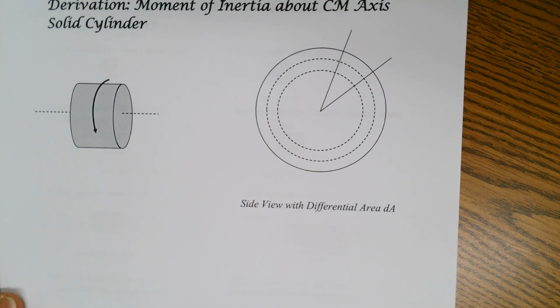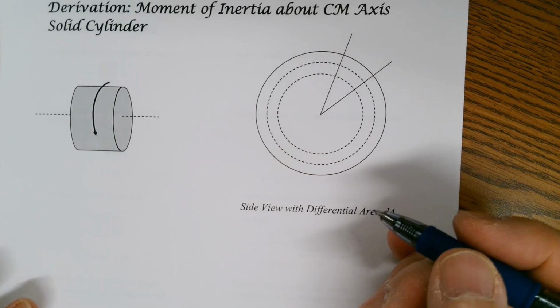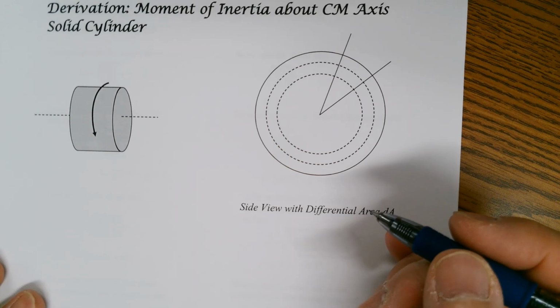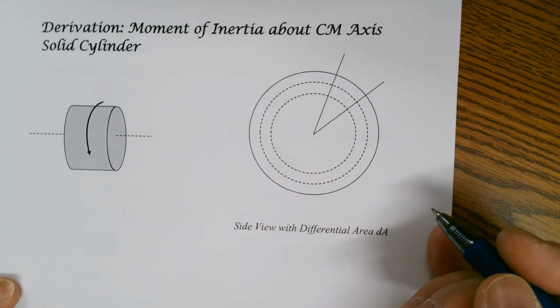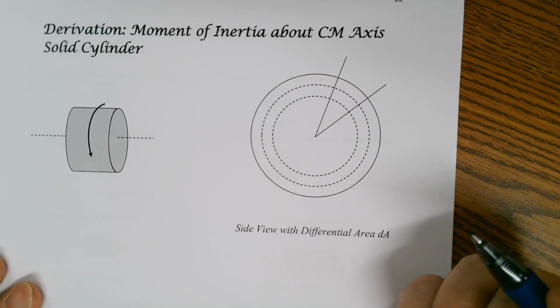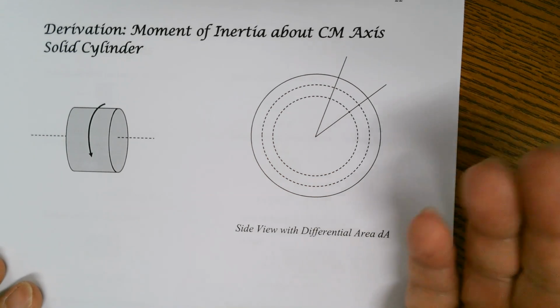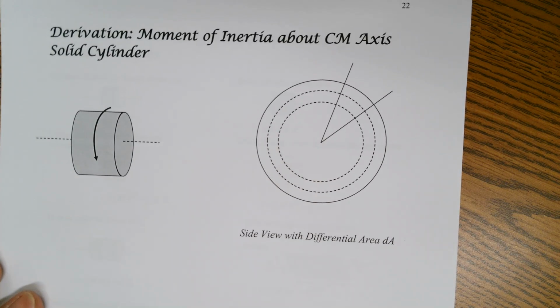That's very important. For those of you who don't know calculus, I'm sorry, but you have to stick with me on this, and you just have to trust me. And for those of you who already know calculus, this should be a piece of cake.